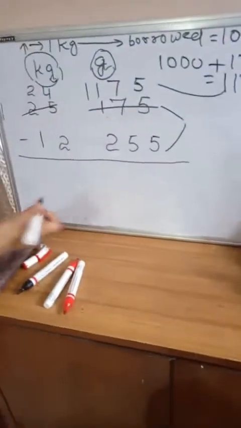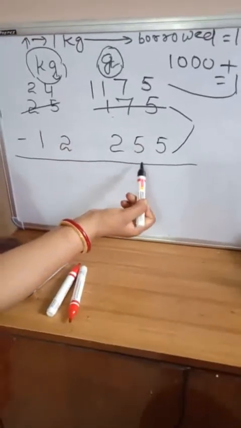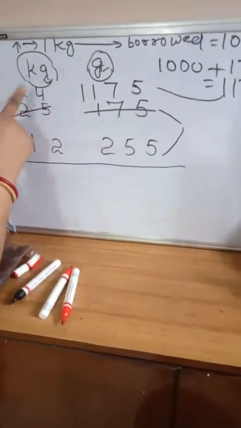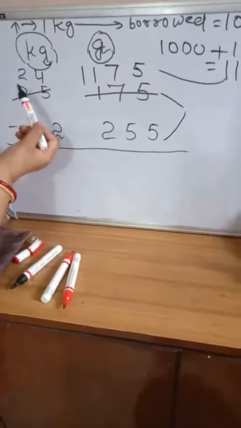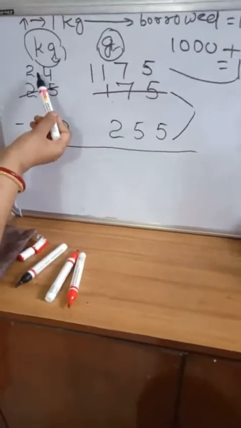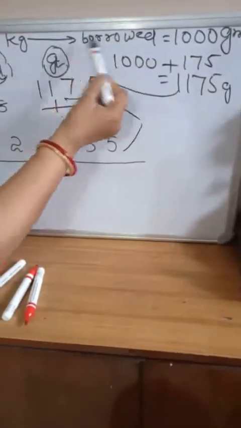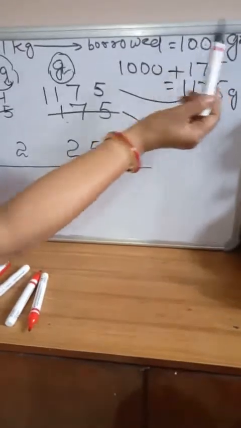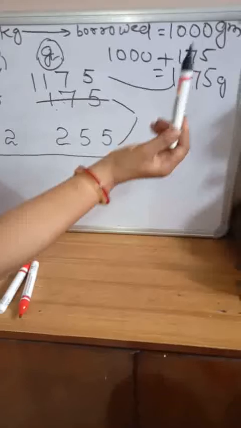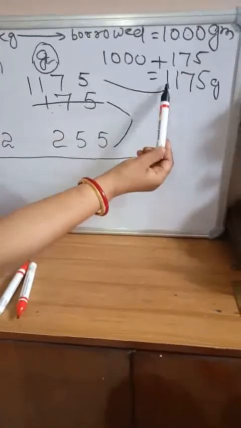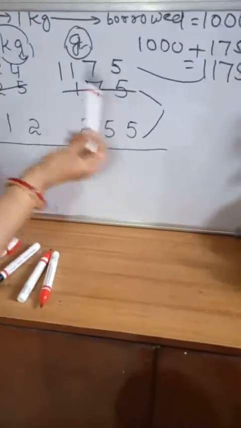See carefully. This 175 is smaller than 255, so I borrowed 1 kilogram from 25 kilogram, which becomes 24 kilogram. 1 kilogram has 1000 gram, added to 175 gram it becomes 1175 gram.